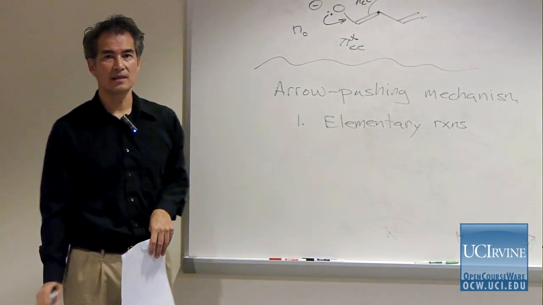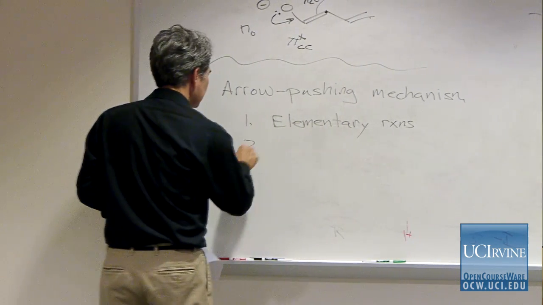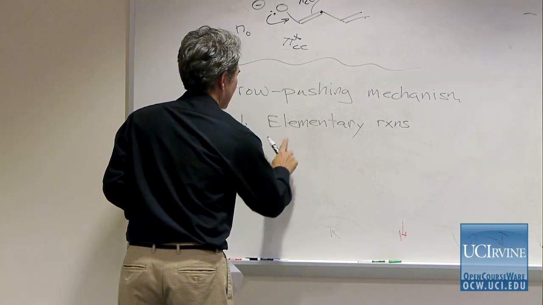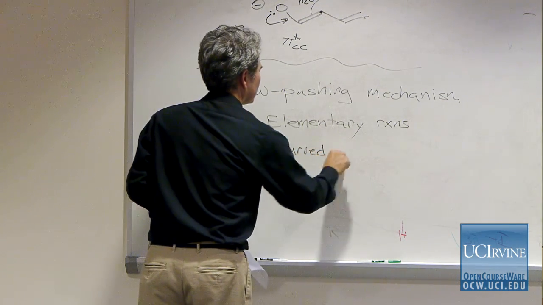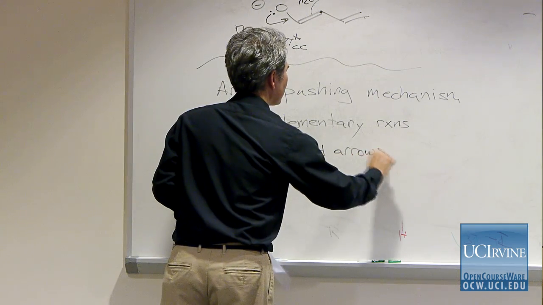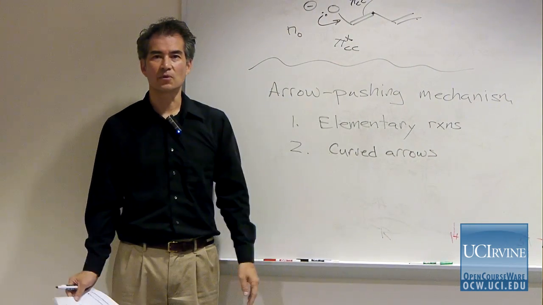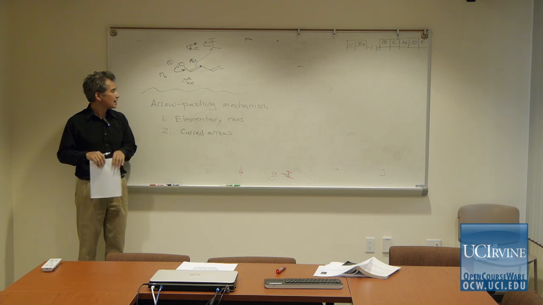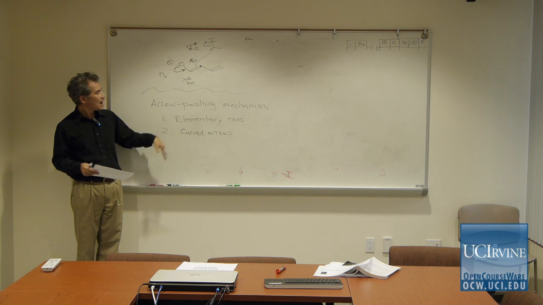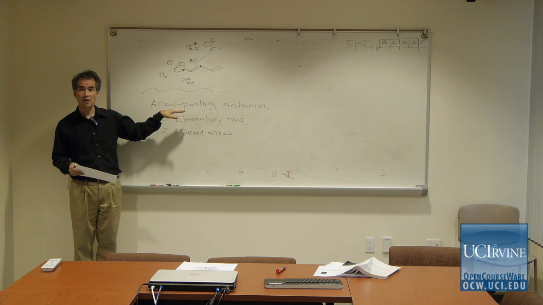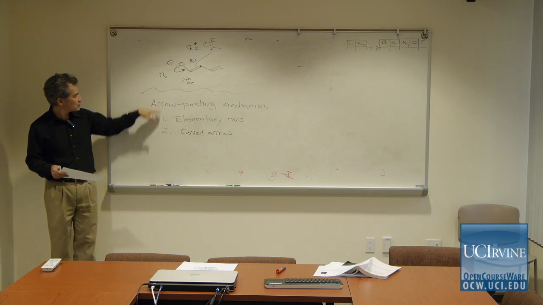That's how I know that it's elementary, not multiple transition states. Secondarily, I add curved arrows to that series of elementary reactions, and each one of those curved arrows represents the interaction of some sort of a filled orbital with an unfilled orbital. That's the goal for this class. When we come back for our next topic, I'll give you 7 rules for mechanistic arrow pushing that allow you to make sure that you are doing this correctly.